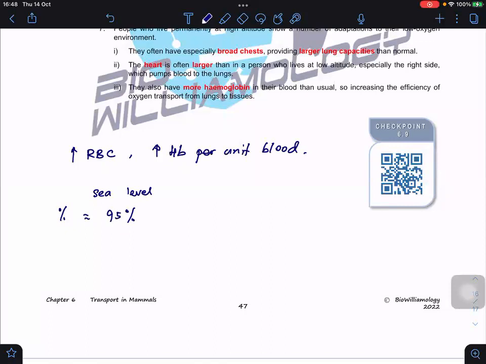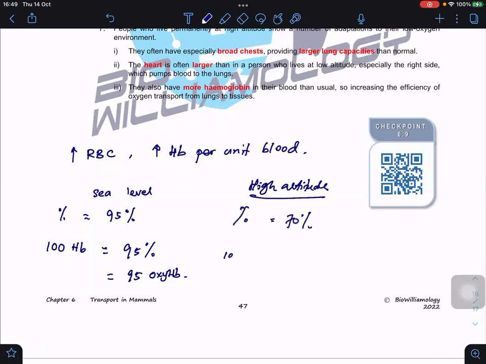So if I have 100 hemoglobin, then in layman's terms, very simply, 95% of them will be oxyhemoglobin. So I will have 95 oxyhemoglobin. It's not really calculated this way, just a very simple calculation. But at high altitude, the percentage saturation drops to about 70%. If I still have 100 molecules of hemoglobin, with 70% of it, I will get about 70 oxyhemoglobin.